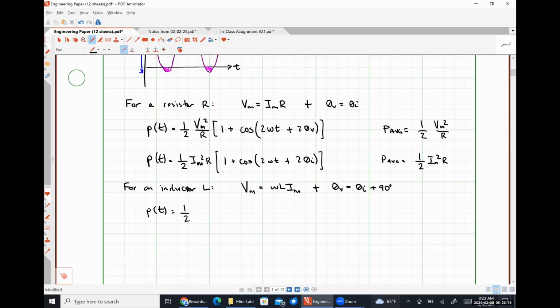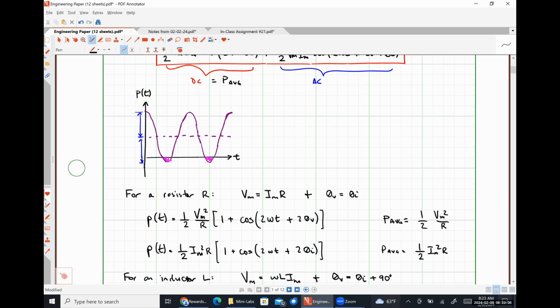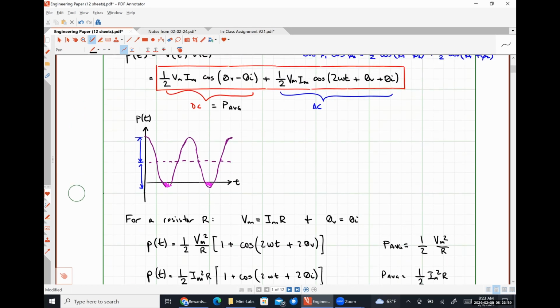IM can be expressed as VM divided by omega L. So we're going to have VM squared over omega L. And now we come to the cosine bit. So let's scroll up here just a smidge so we can talk our way through this. So we're going to be subtracting theta I from theta V.